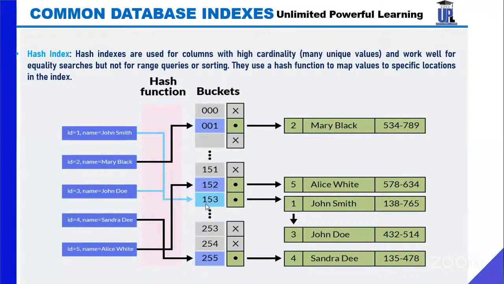Some algorithm you have applied, like ID plus John Smith plus address together. When you compute it, it gives the address location 153. It may belong to one bucket. From 153, when you get into a bucket, it has the physical address location, that is the memory location of that record.